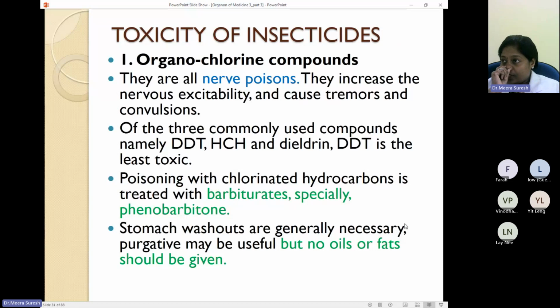Now going towards the toxicity of insecticides, especially the organochlorine compounds. Nowadays we can hear of a lot of cases of suicide and homicide using these insecticides. So how to manage that immediately?